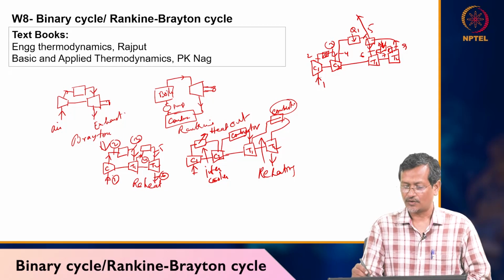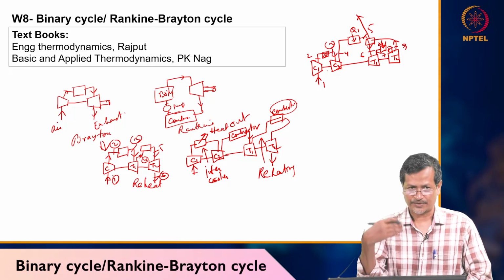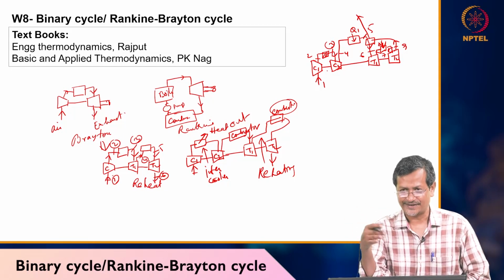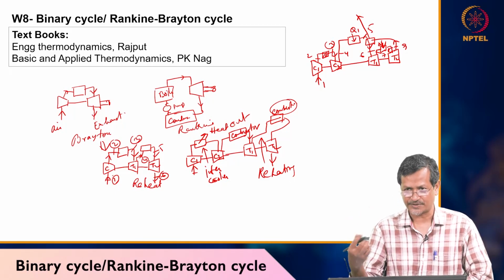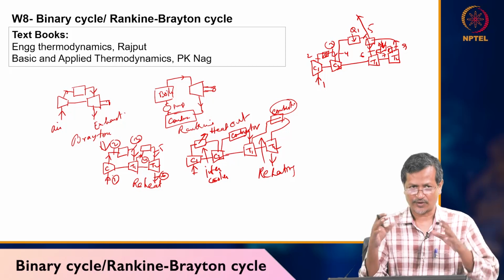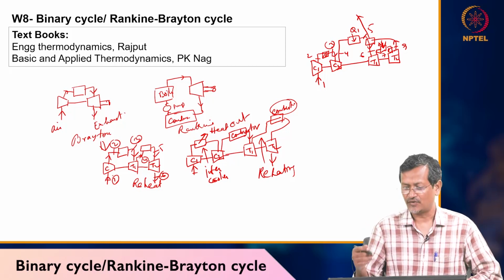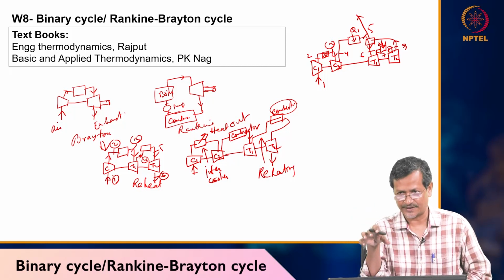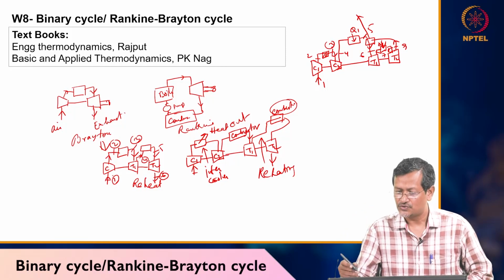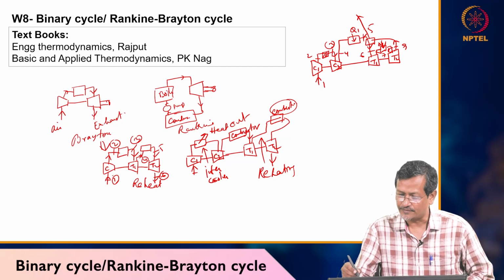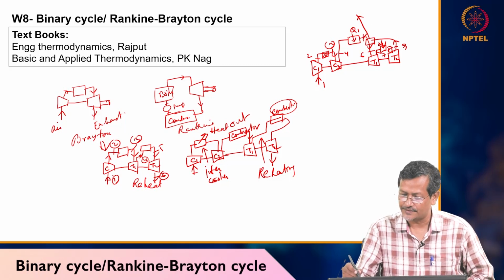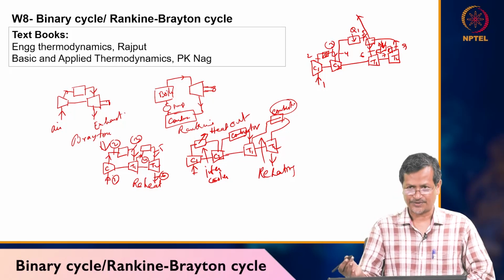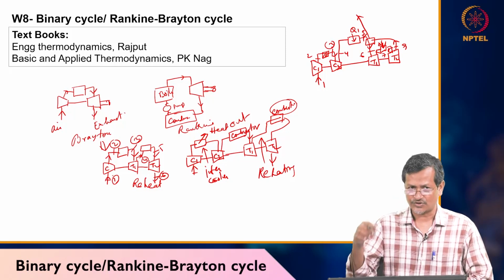Now you can see process 1 to 2 is compression, and from 2 to 3 you release a certain amount of heat and put the air into compressor 2, so that total compressor performance is increased. Now from C2, the compressed air goes to a combustion chamber, 4 to 5. So in the combustion chamber, 4 to 5, lots of heat is added.